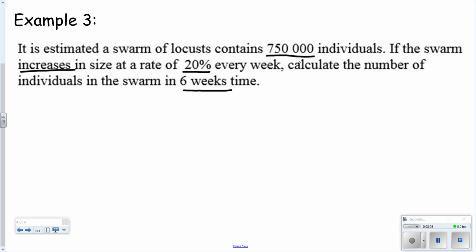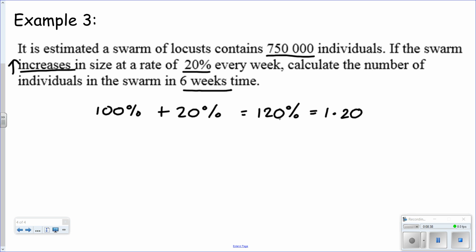Okay, so I've got my original number. I'm increasing, so I'm going up the way. I've got my percentage, 20%, and I've got my time. So let's start looking at the multiplier. Again, I've got 100% of my value. I'm increasing by 20%, so I'm going to add on. That's going to go up to 120%. Into the calculator, I want to change that percentage into a decimal, so I divide that by 100 and I get 1.2 or 1.20.